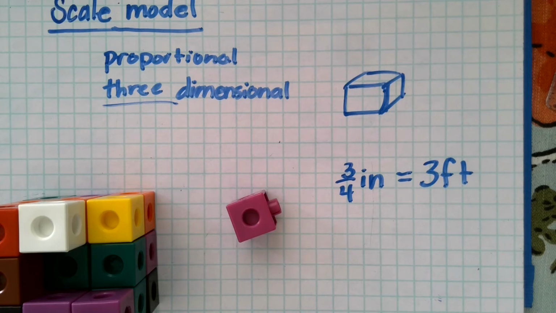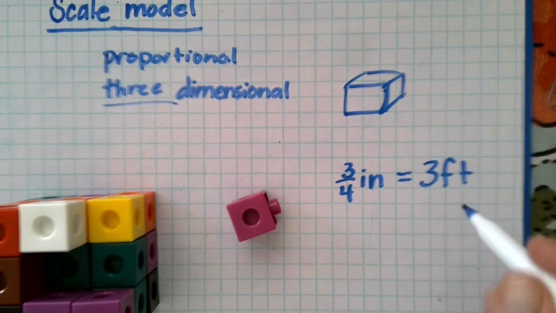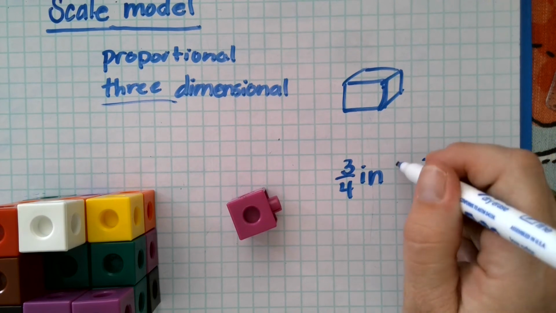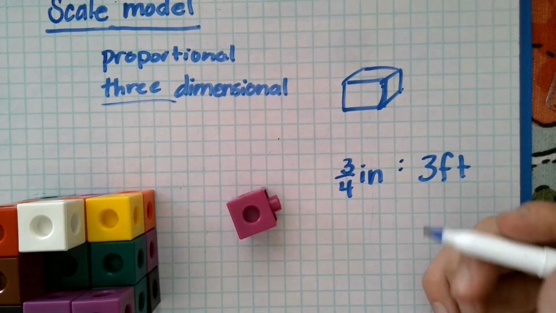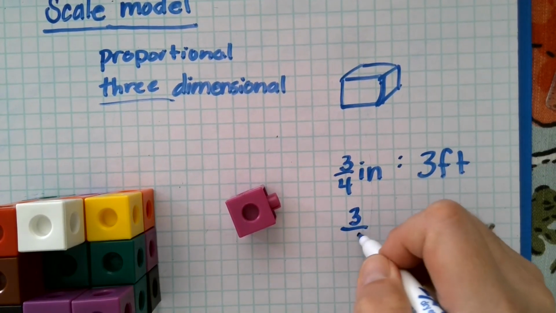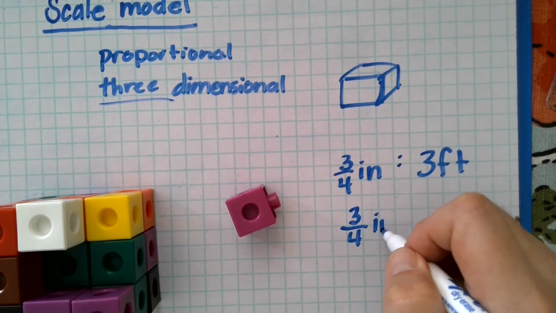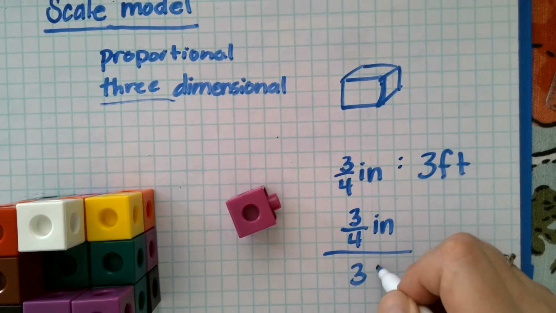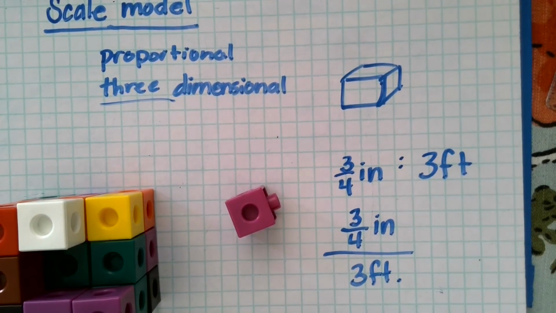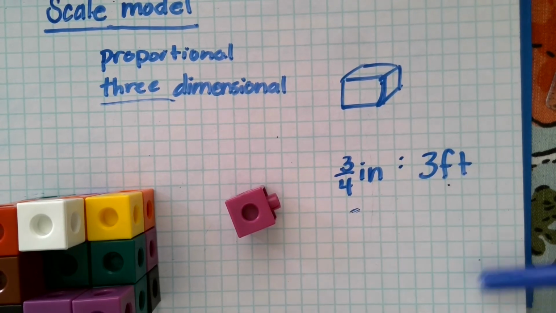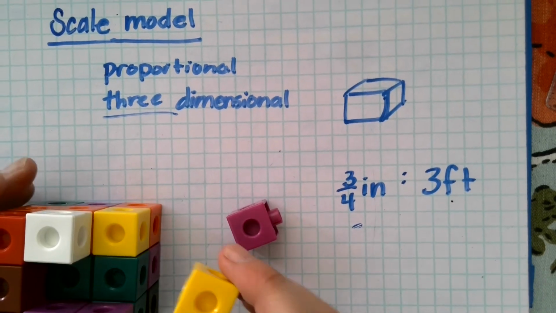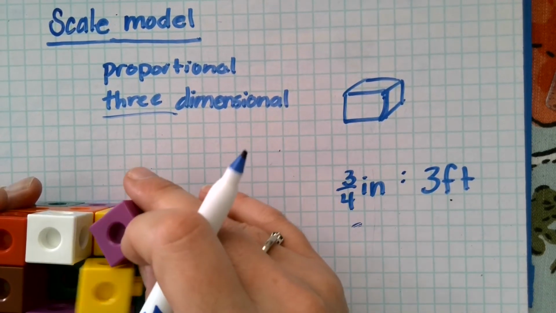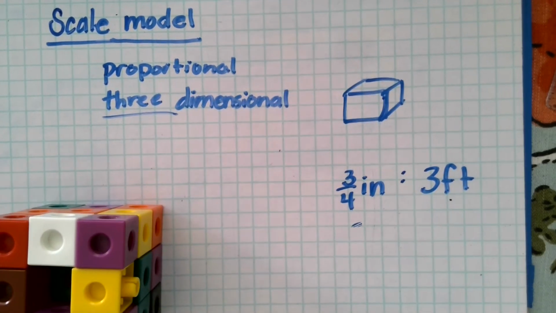So you have to have some kind of scale, and you can write it as a proportion like this, or you can stack it up. And if we were to stack this up, we would say 3/4 of an inch over 3 feet. And we could probably make that a little bit cleaner, but that's just a rough version of what that scale would look like. I want you to know that a scale model is three-dimensional, a scale drawing is only two-dimensional.